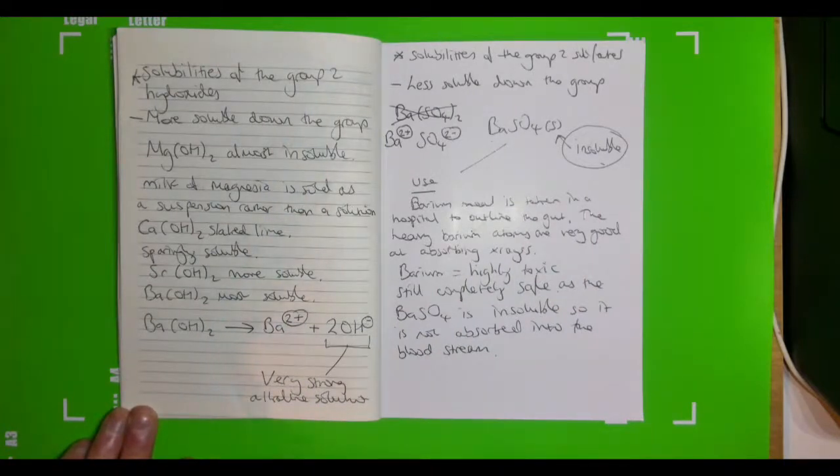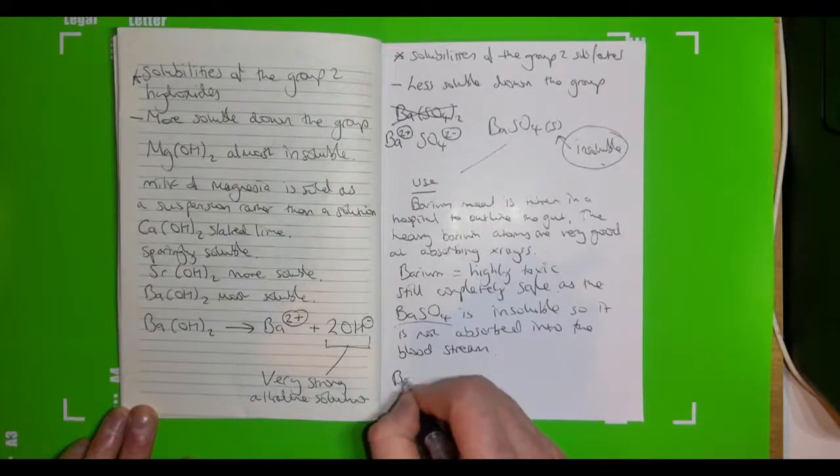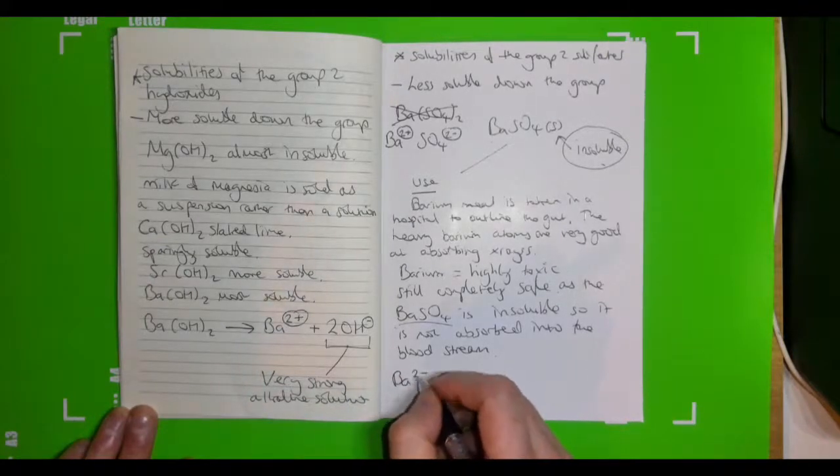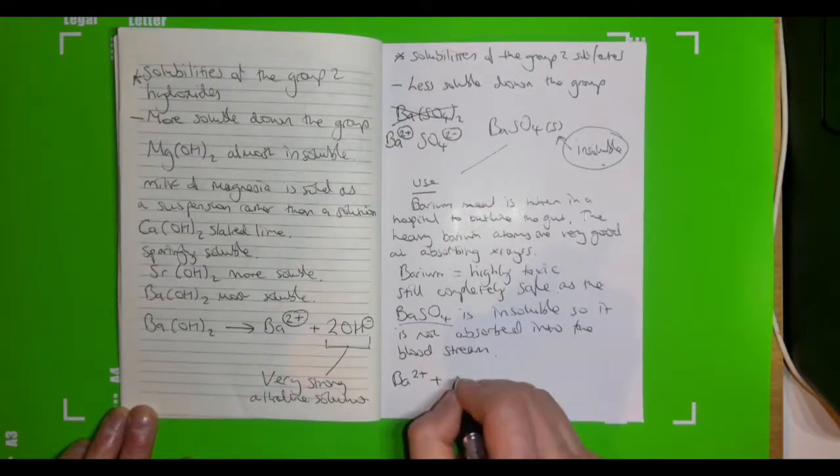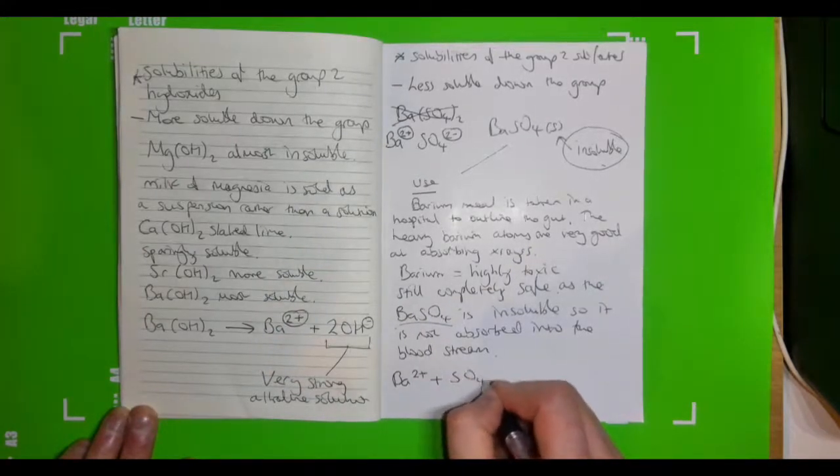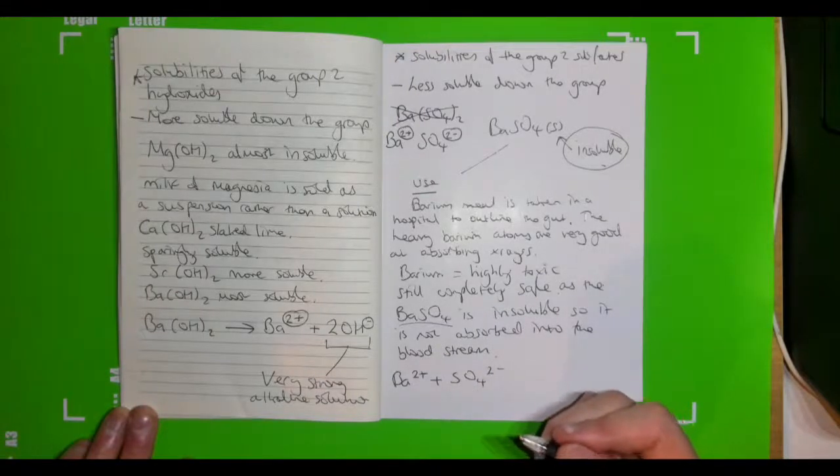The barium sulfate, again, has another particular use. It's actually used as a chemical test for sulfate ions. So what we do is we take some barium ions like this, and we can react them with something which contains sulfate ions.